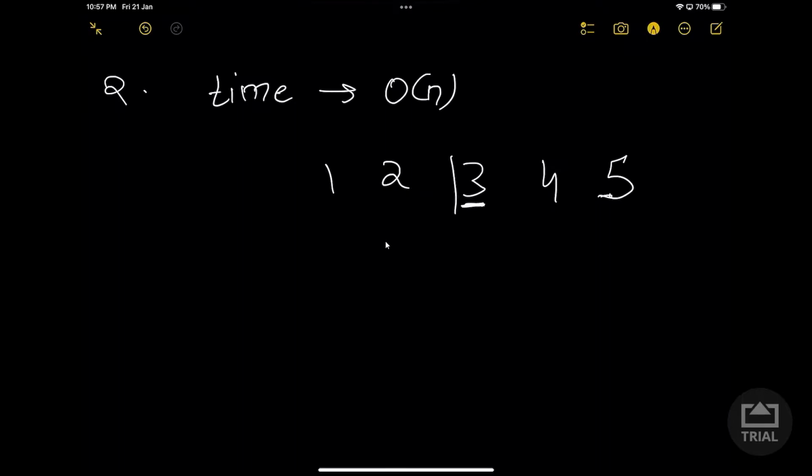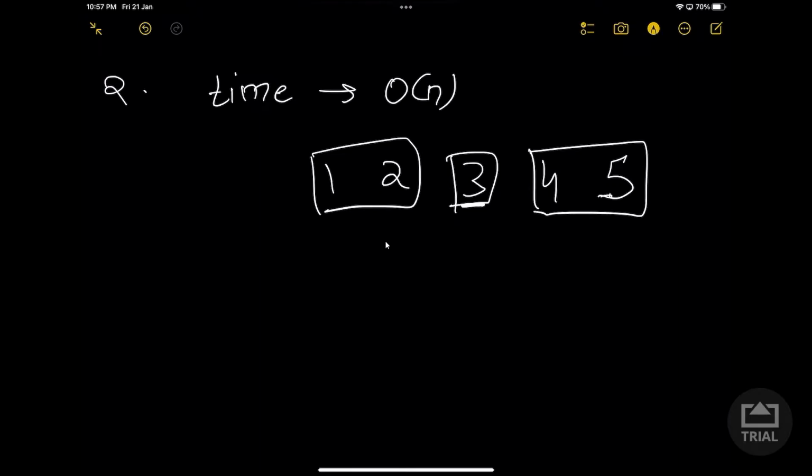Let's take this element 3. So for 3, what were we multiplying? We were multiplying 1 and 2 from this side, 4 and 5 from this side. Like we were doing 1 into 2, and for this we're doing 4 into 5. That is, we were multiplying all the right elements and all the left elements.